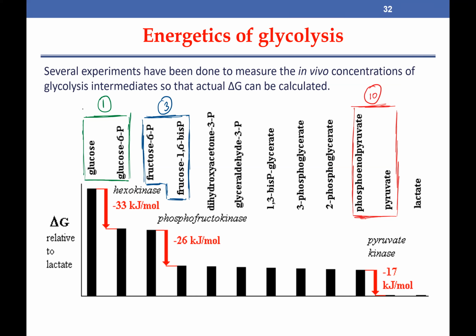They help my whole process of glycolysis go ahead, because if all of my reactions are reversible, then there's always the chance of the backward reaction happening instead of the forward reaction, right? But I want all my reactions to go forward because I want glycolysis to happen. So these are the 3 important steps. Because I can see that when these reactions happen, I have a very strongly negative delta G. So it's negative, meaning it's spontaneous, and it's a large number, meaning lots of energy is made.